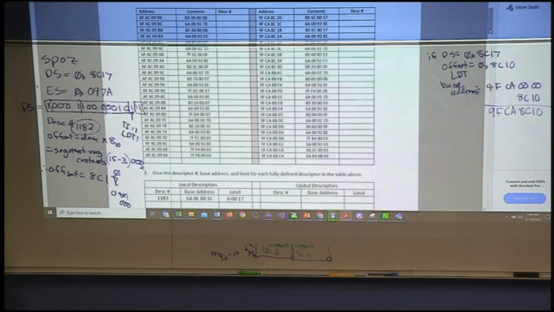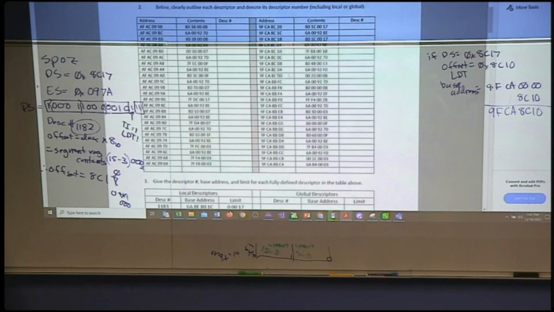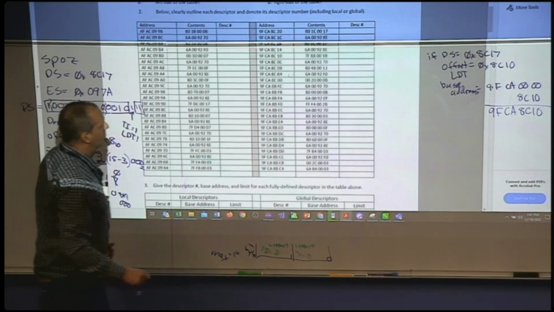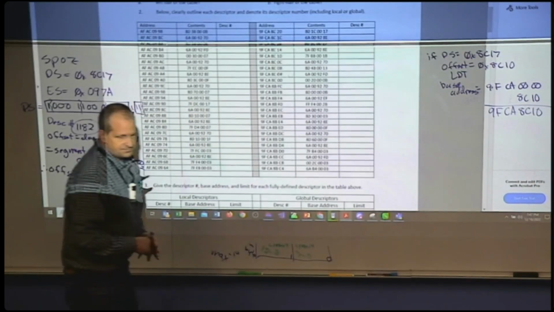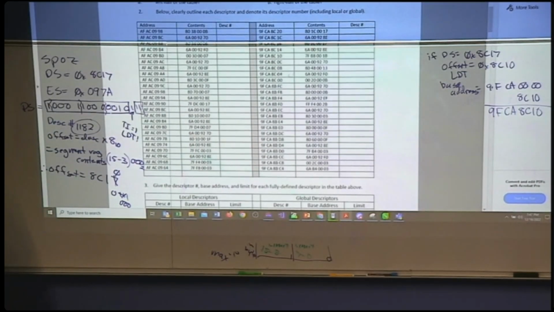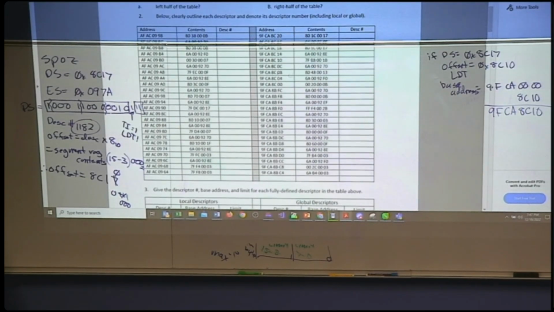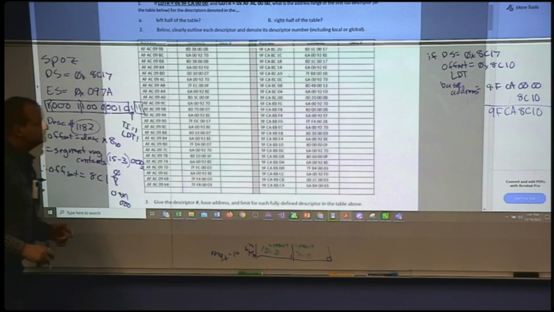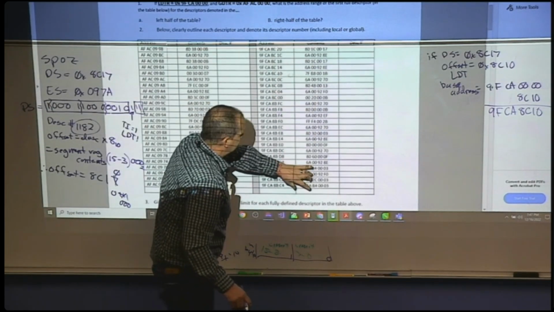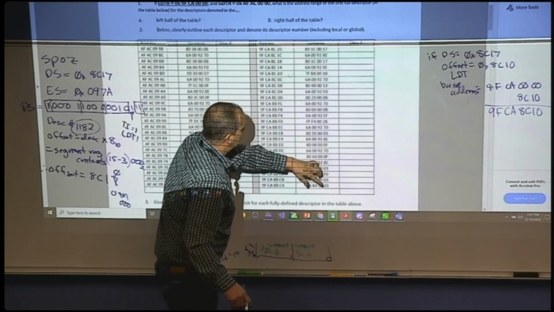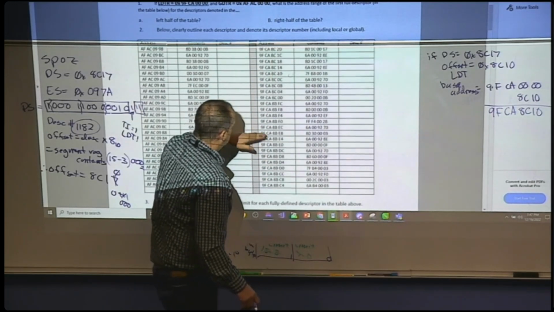And how big is the descriptor again, guys? Remember? 8 bytes. The way I arranged this table, each one of these entries is 4 bytes, okay? Contents are 4 bytes. The address is here.